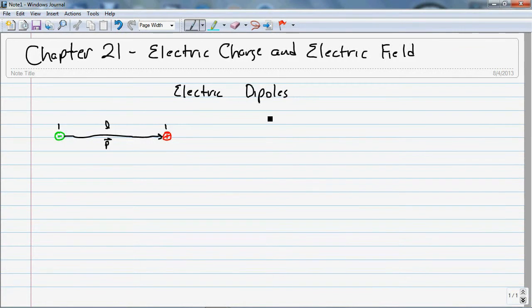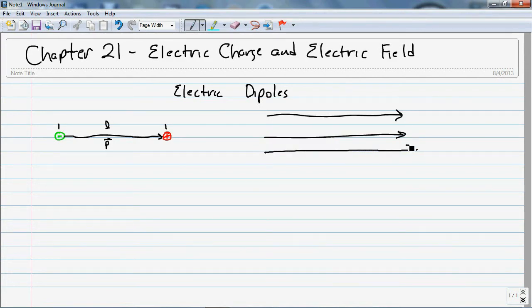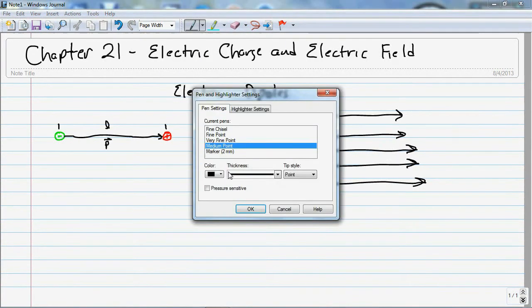Now, if we have this dipole inside of a uniform electric field, and let me draw this here.